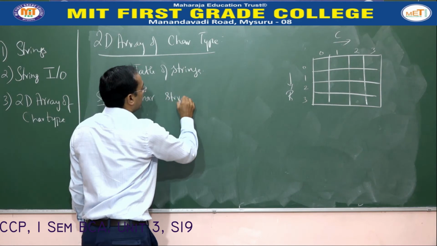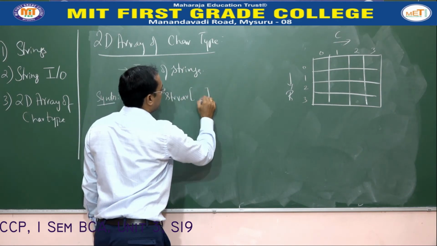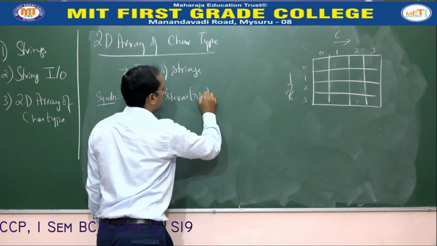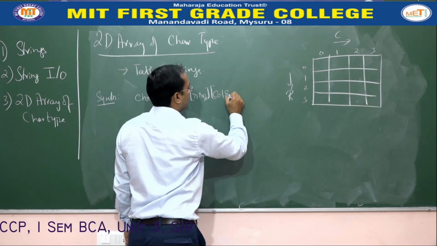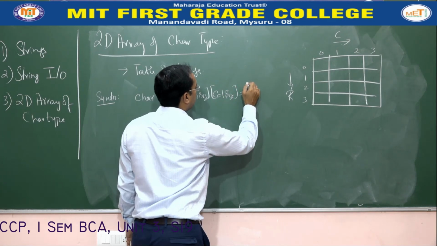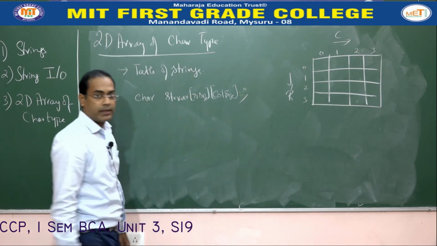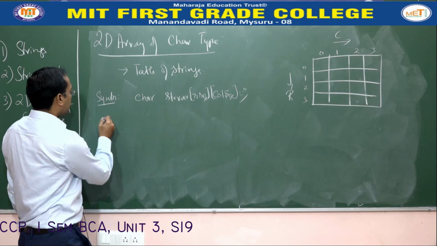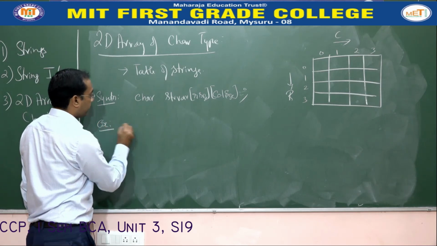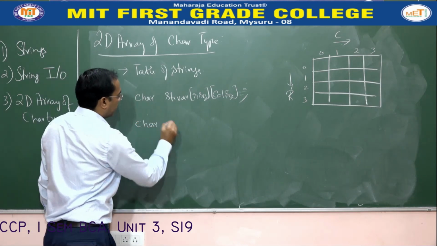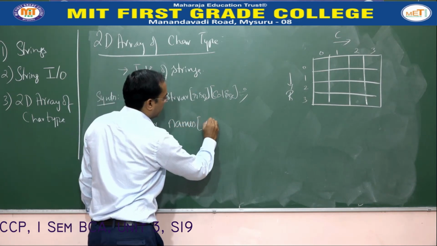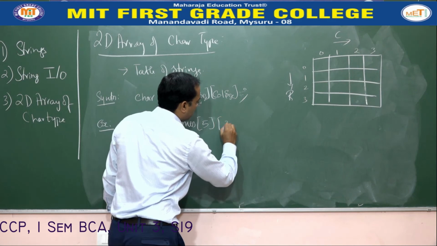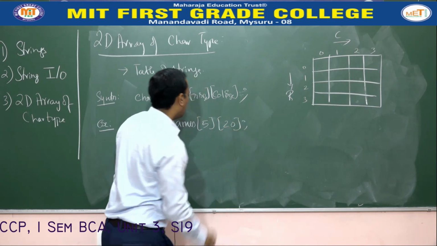So string variable name, this is the row size, and next you have to mention the column size, and terminate with a semicolon. We will take one example. char names[5][20].